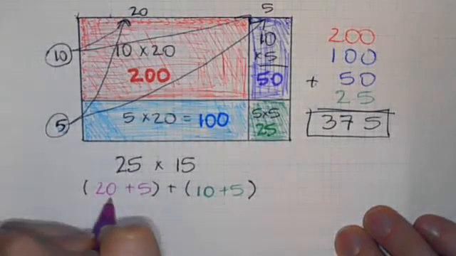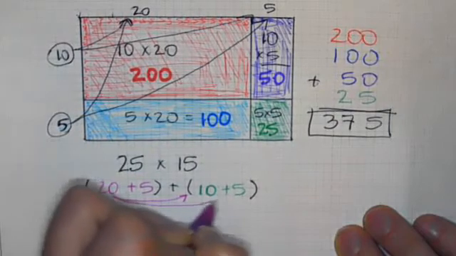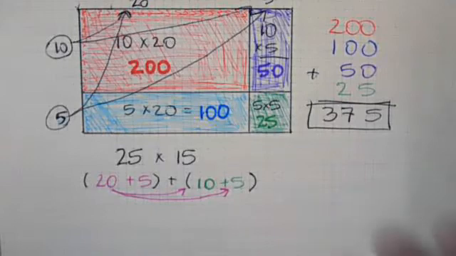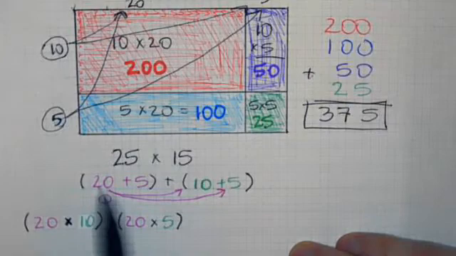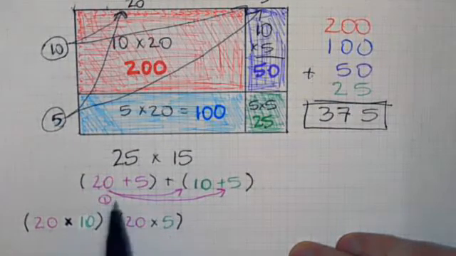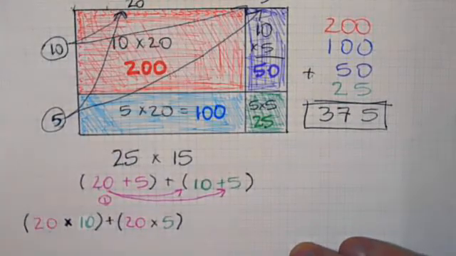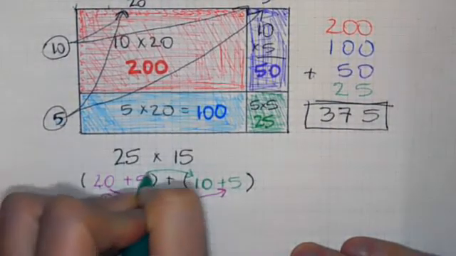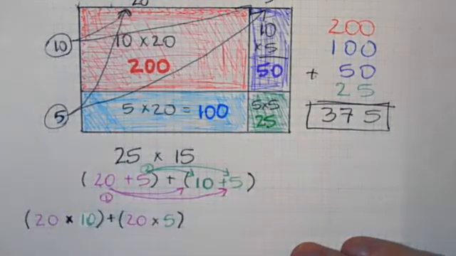I'm going to pass this 20 out to this 10, and then pass this 20 out to this 5. So there you have it, 20 times 10 right here, and then 20 times 5 right here. The next thing I need to do is take this 5 that's sitting here all by itself, and distribute that to the 10, and then distribute that to the 5. That's my second step.